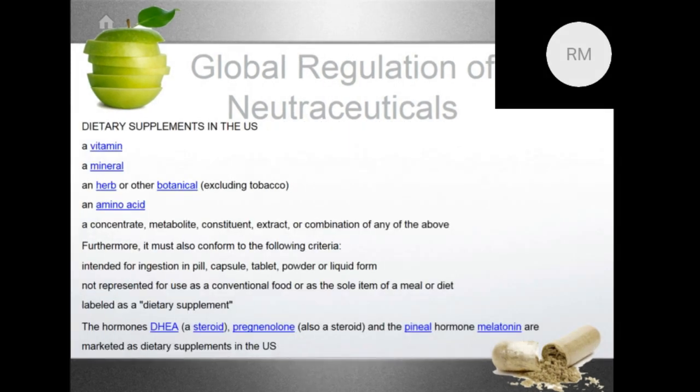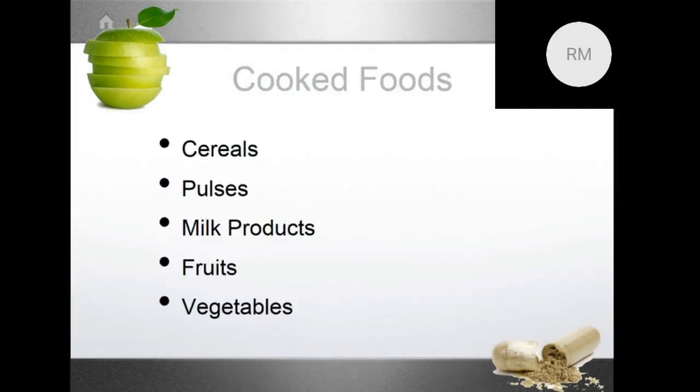So I skip a few slides. Now we come to how Ayurveda gives you some guidelines on creating foods that can be used in specific diseases. Generally, Ayurveda classifies foods into these categories: cereals, pulses, milk products, fruits, and vegetables.